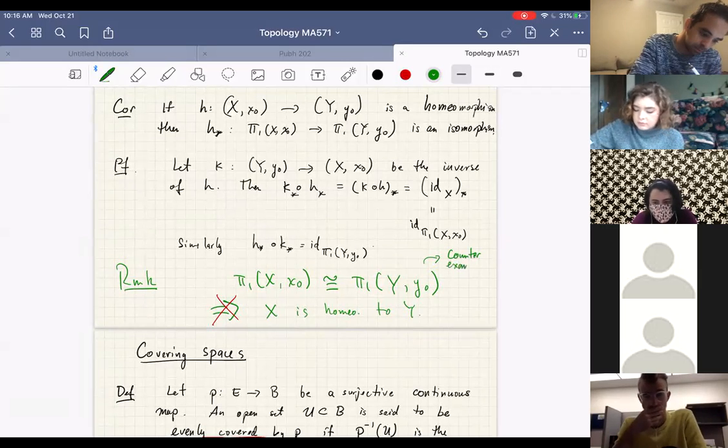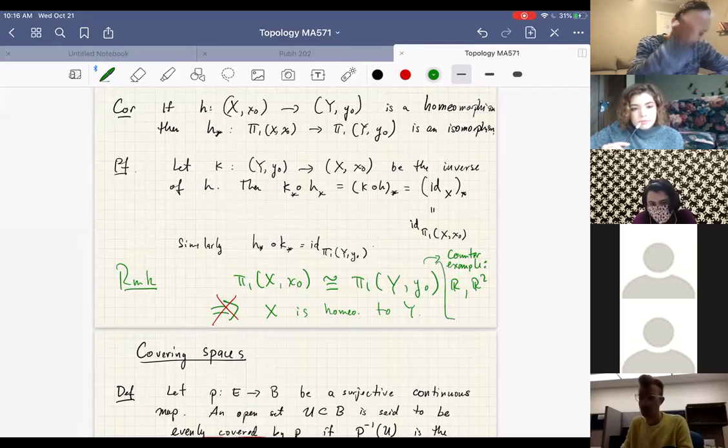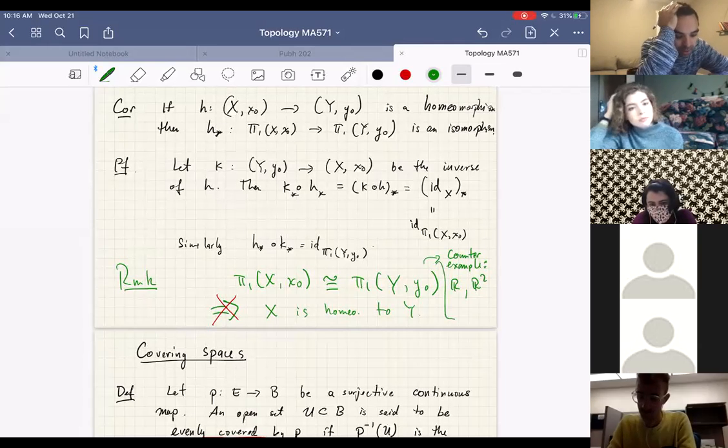R and R2? Yeah, good. R and R2, right? We know these are not homeomorphic, right?